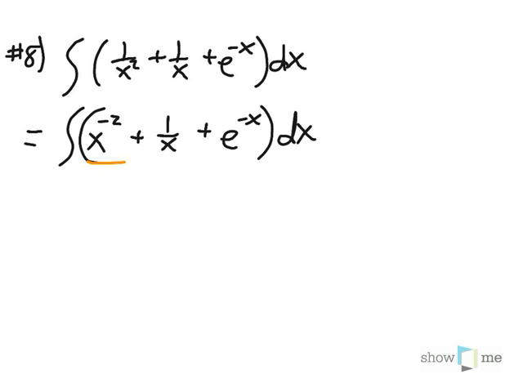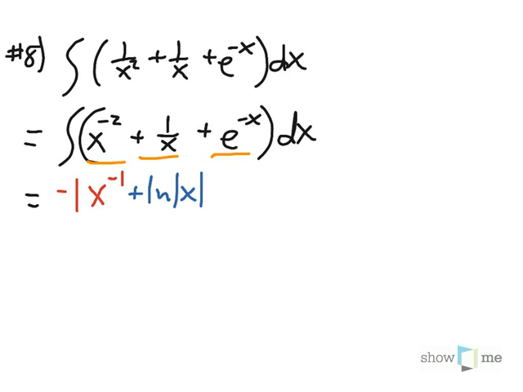This first term, just the simple power rule, we add 1 to the exponent. So that would be x to the negative 1. And then multiply by the reciprocal of negative 1, which would be negative 1 over 1, which is negative 1. This next term, 1 over x, is like x to the negative 1. Its antiderivative is a natural log of the absolute value of x.